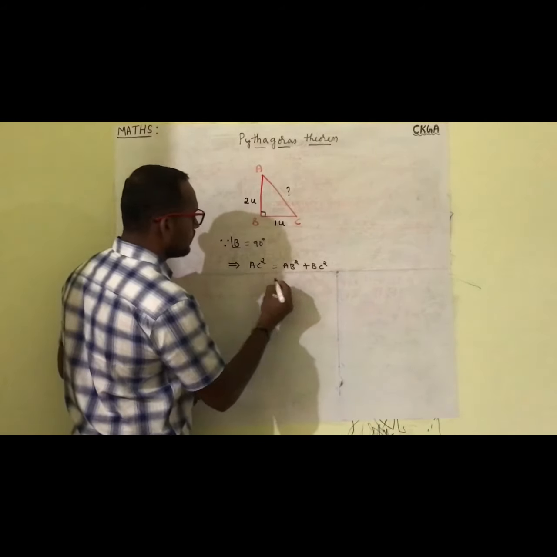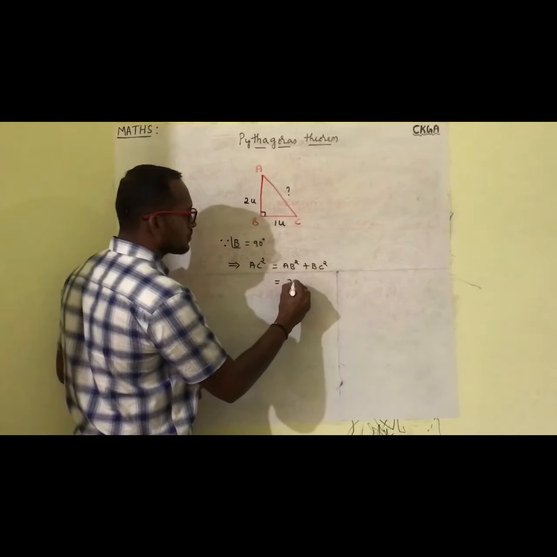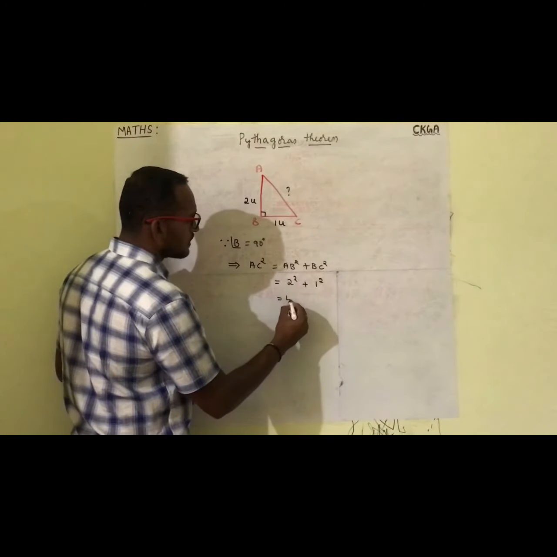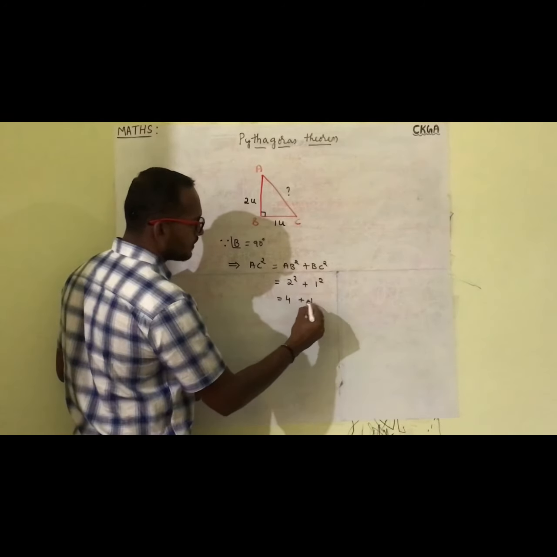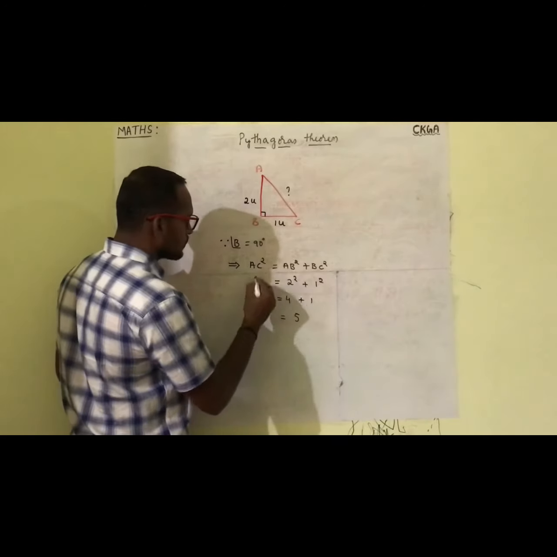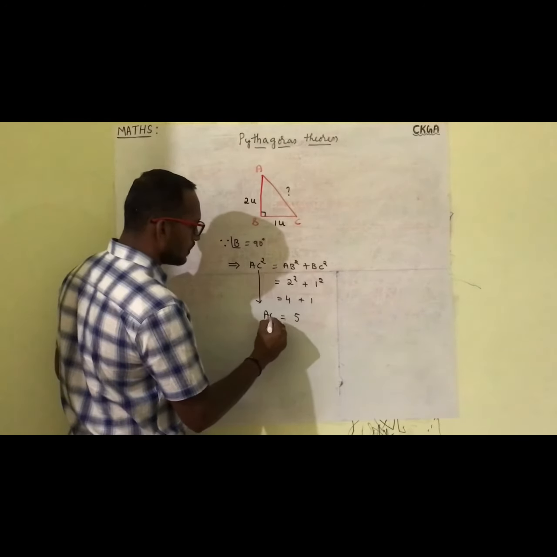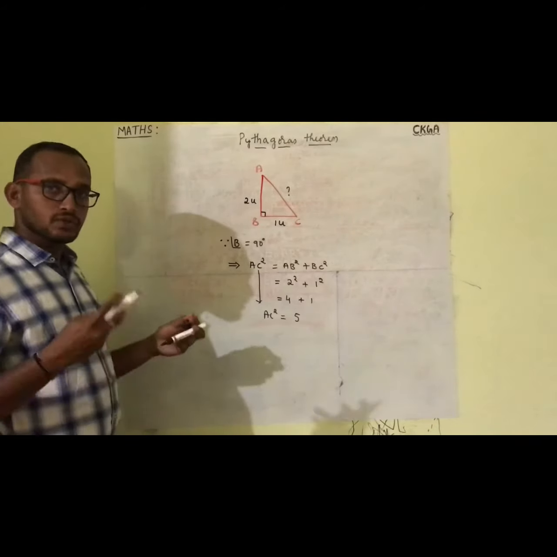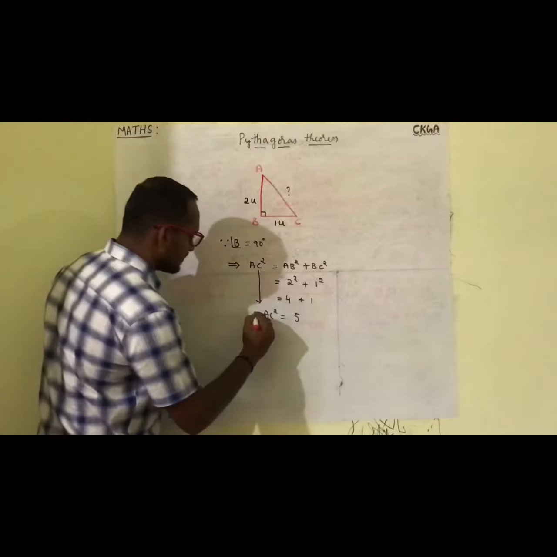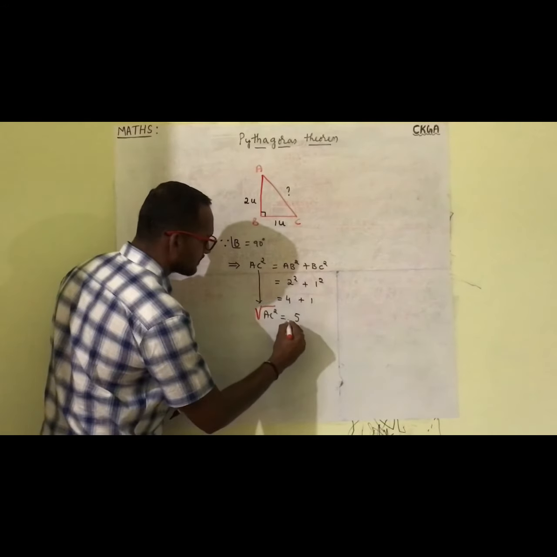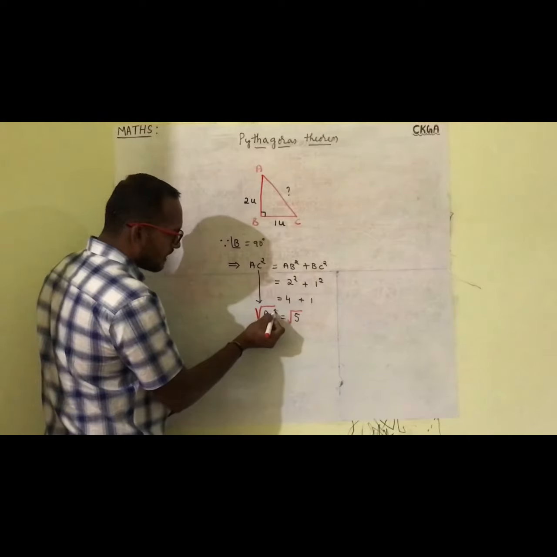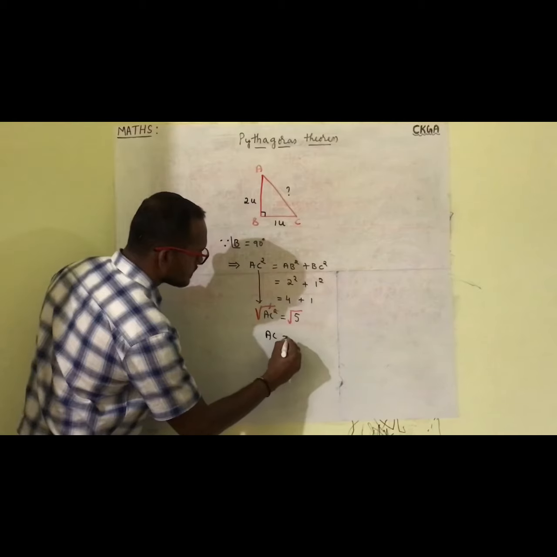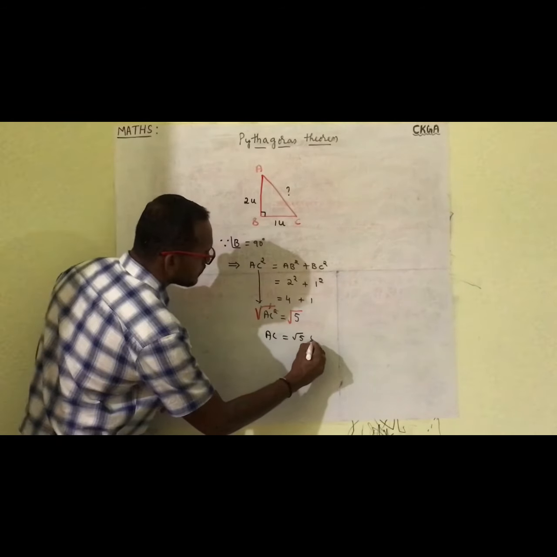So AC square equals AB square, that is 2 square, plus BC square, that is 1 square. 2 square is 4 plus 1 square is 1, which is equal to 5. Now bring down AC, but we need AC, not its square. You can get rid of the square by taking the square root on both sides. The square and square root cancel. So at last what remains? AC is equal to root 5 units.